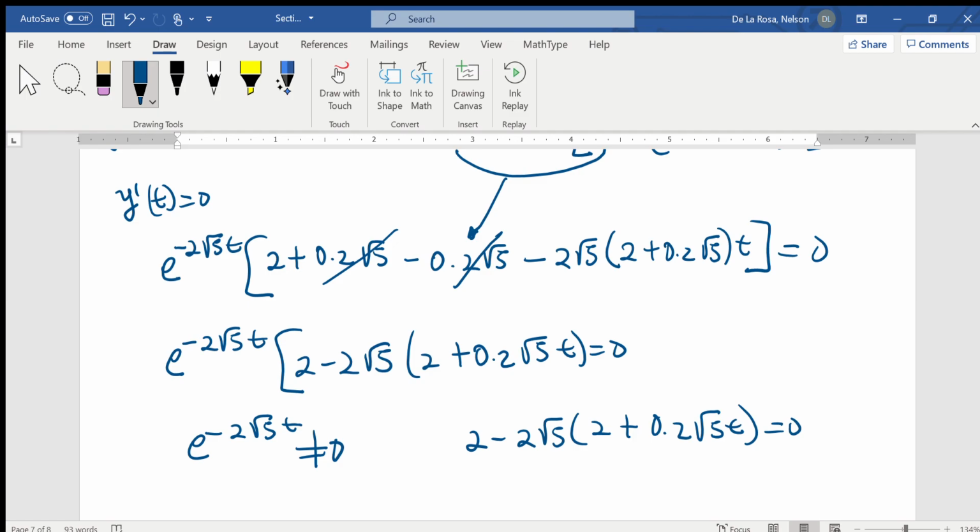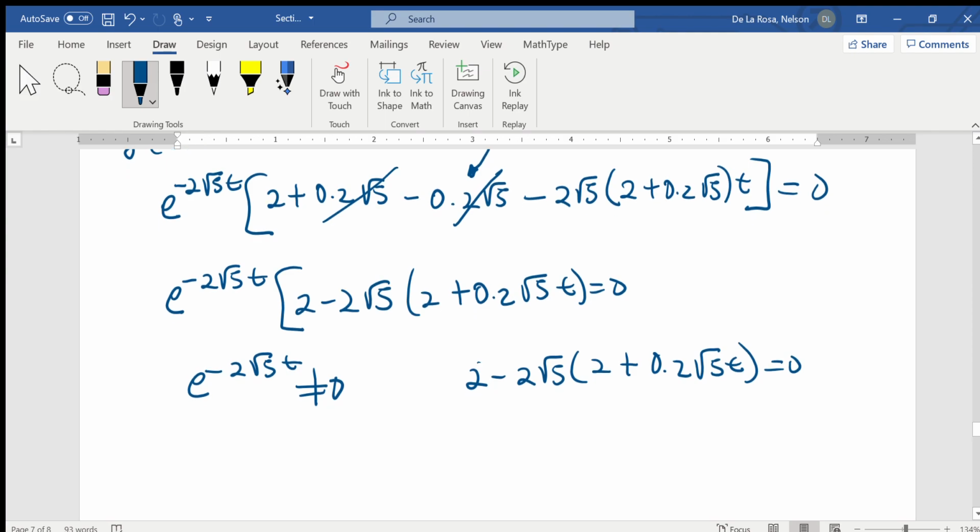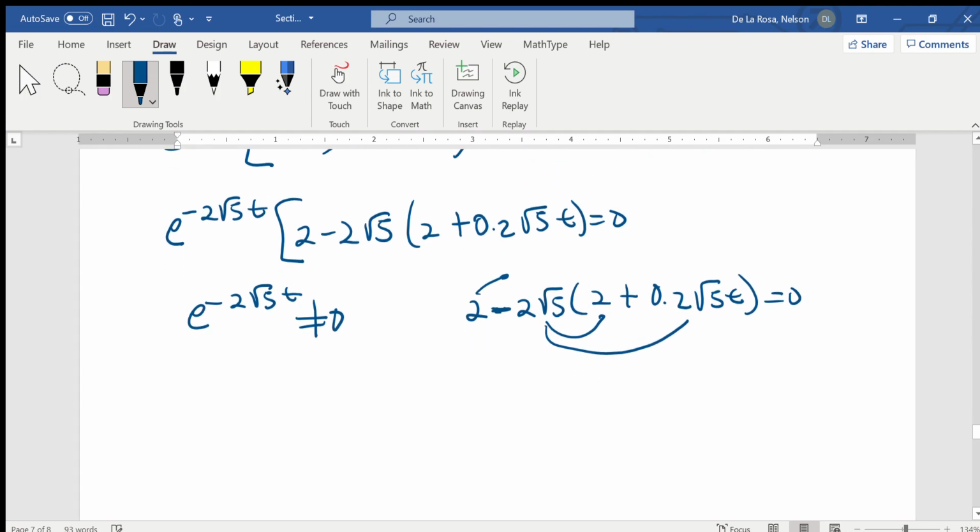So we have that we move the 2 to the other side, and it's going to move negative, and with this negative everything's going to be positive, and then distribute this number outside. So we're going to have what? We're going to have 4 square root of 5 plus 2.